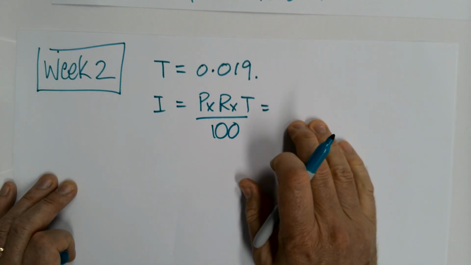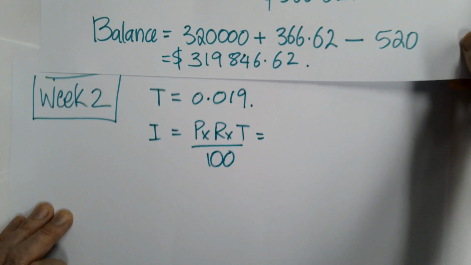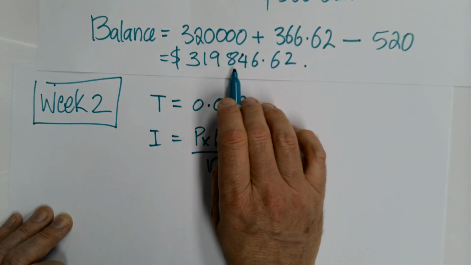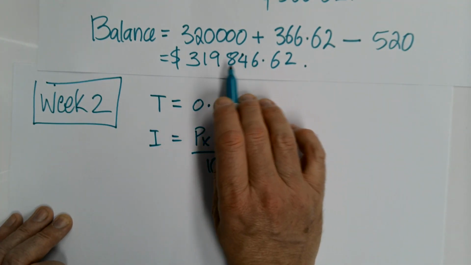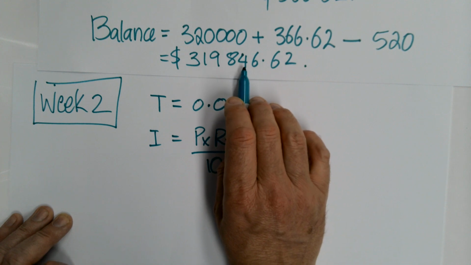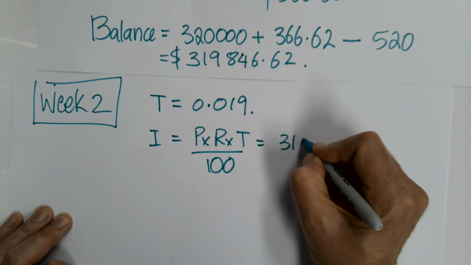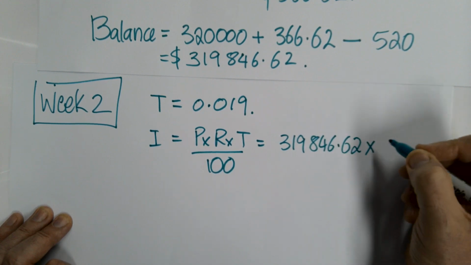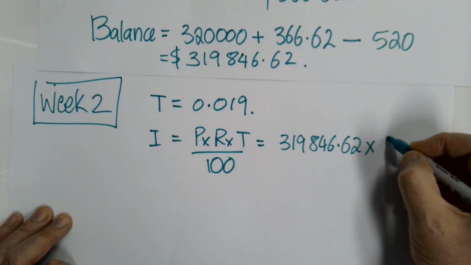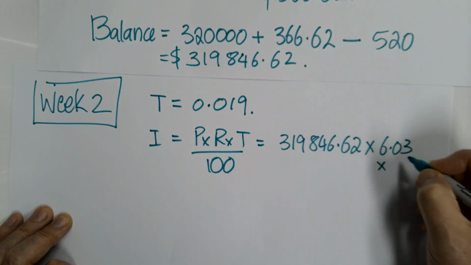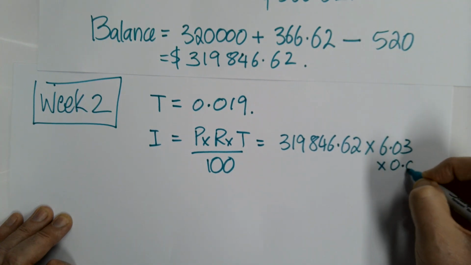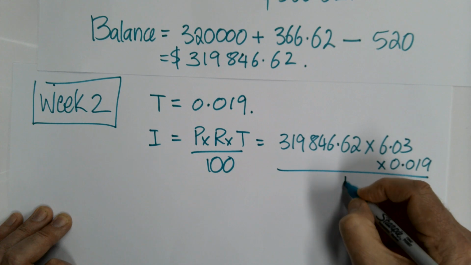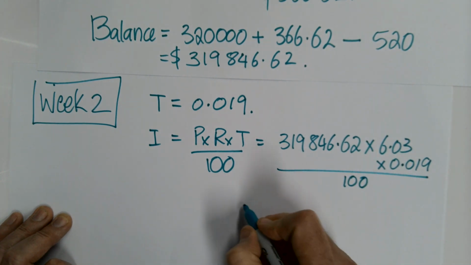Now, my P this time is that 319,846, because that's what I'm starting week 2 at. So it's $319,846.62 times my interest rate, which is still 6.03, times my time, which is 0.019, all over 100.